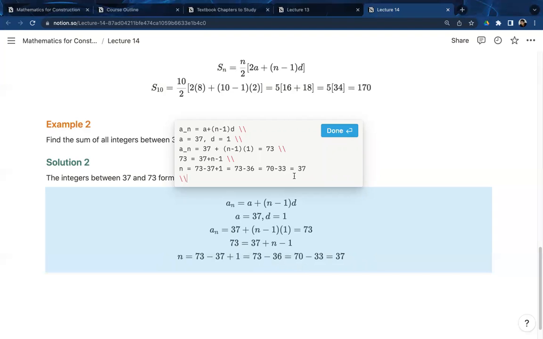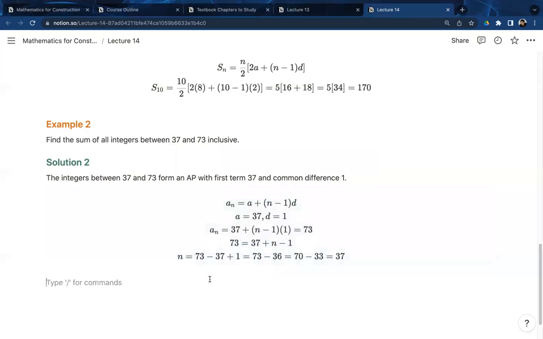So with this in mind, therefore, 73 is the 37th term in this AP.